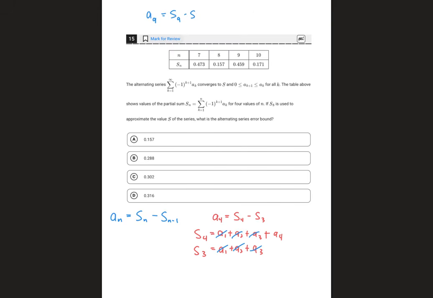So S9, you can see from the chart, is 0.459. S8 is 0.157. So if you subtract these, you get 0.302. Okay, and that's it.